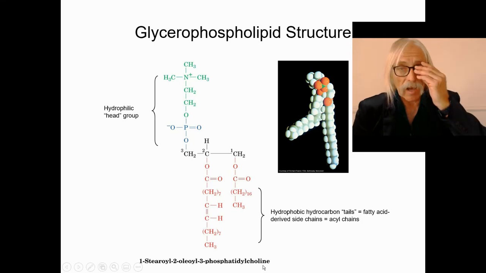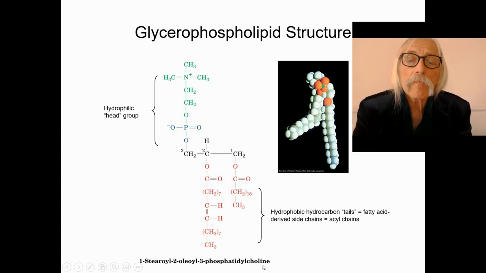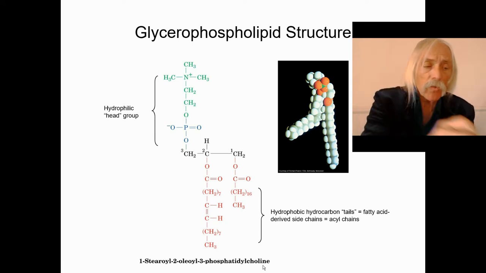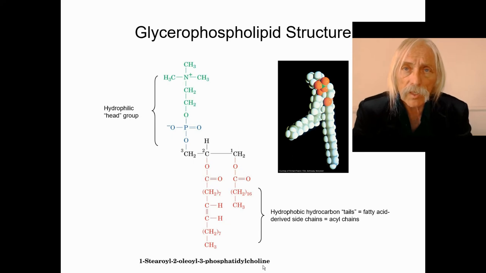That's its actual structure. And so this is a particular lipid you can find in the membrane. And notice that you have now different molecular species that can arise. Depending on what fatty acid is in the 1 or 2 position, this lipid will have a completely different chemical and therefore physiological character.